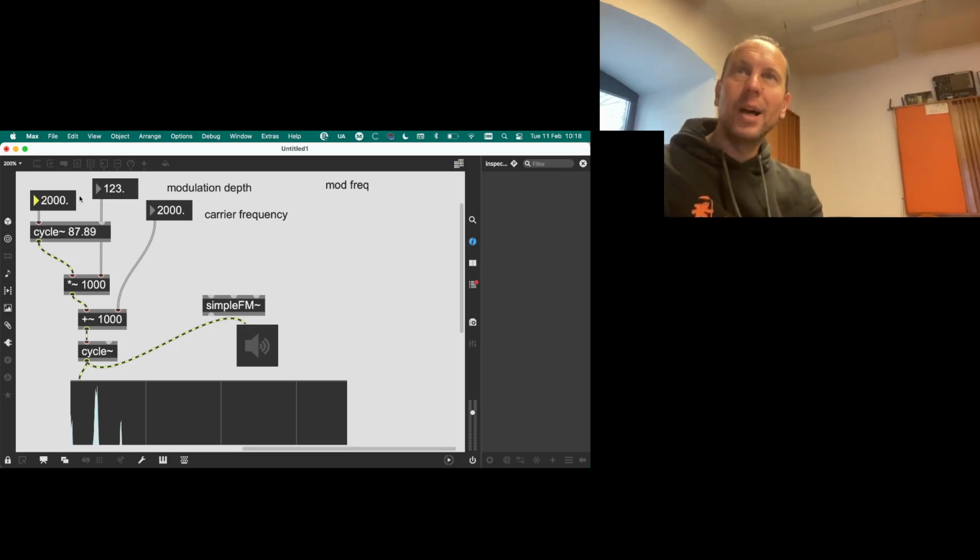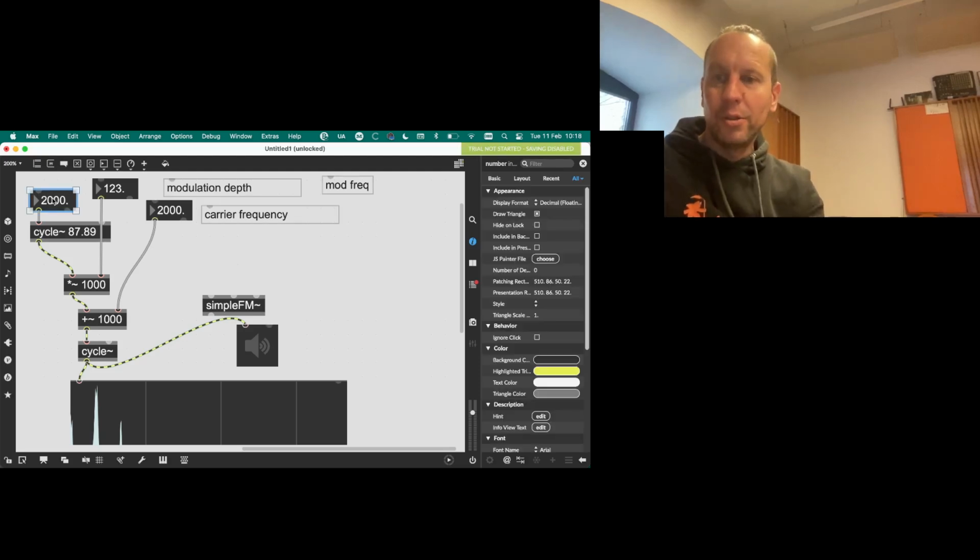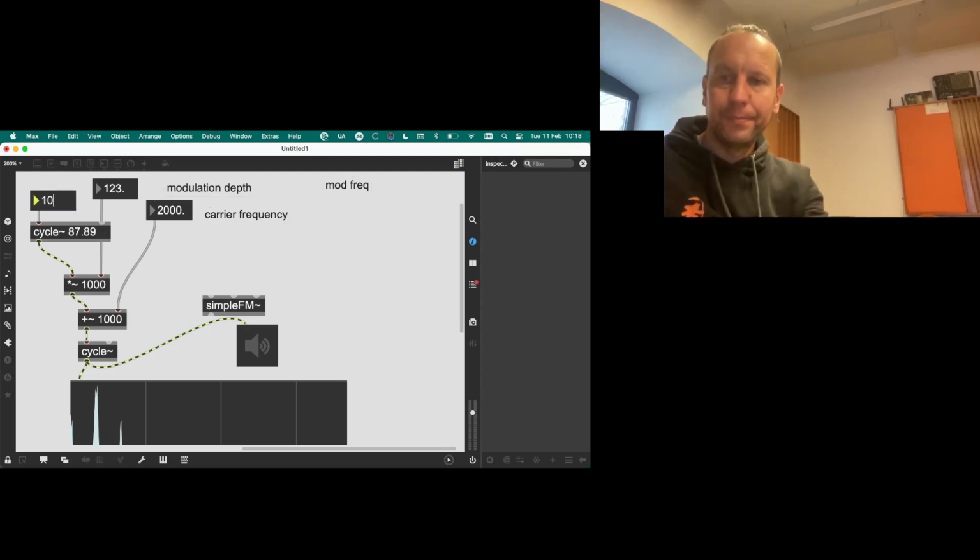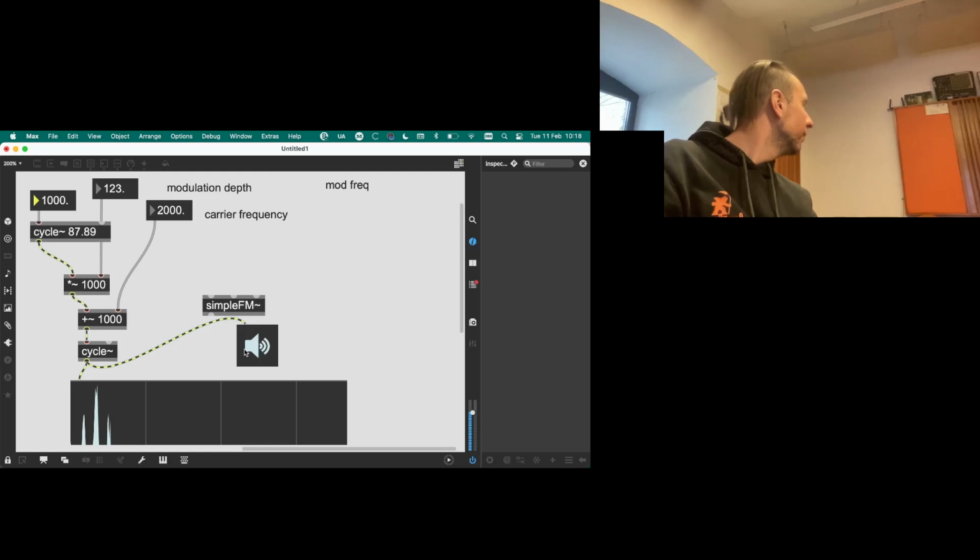If I take 1000 modulation frequency, you see? Now the second order sideband is actually the octave.